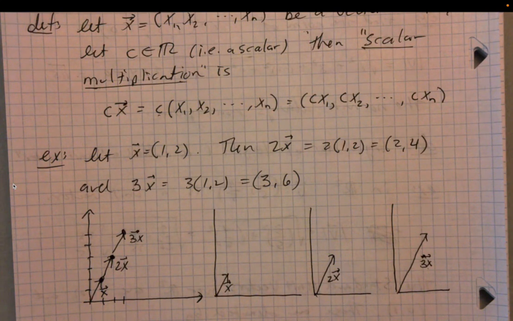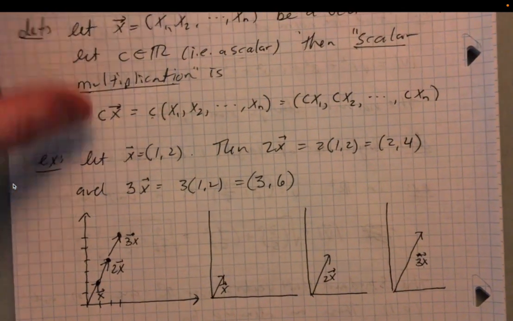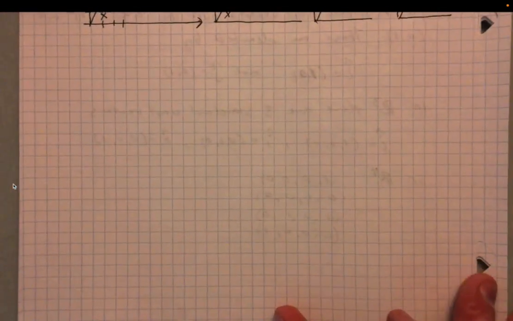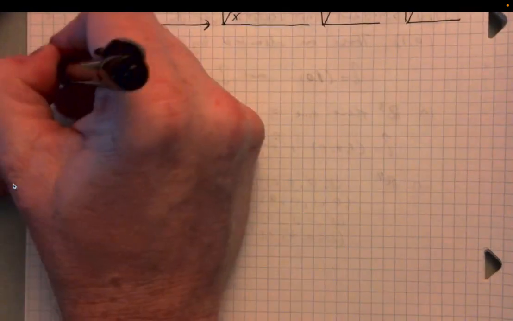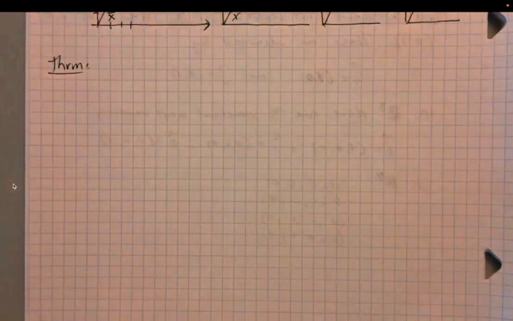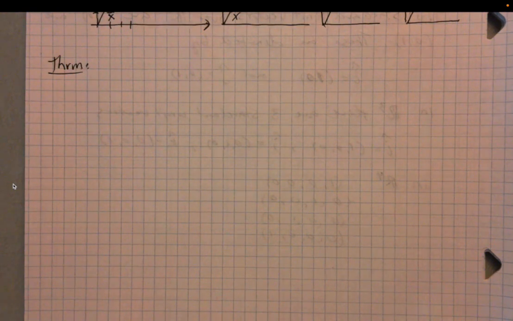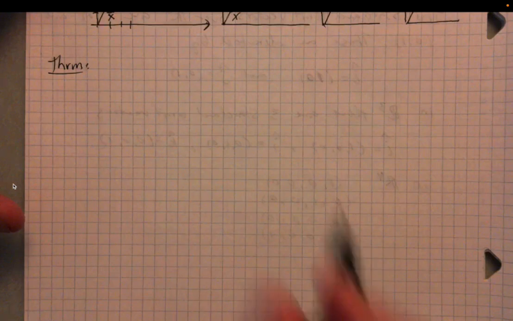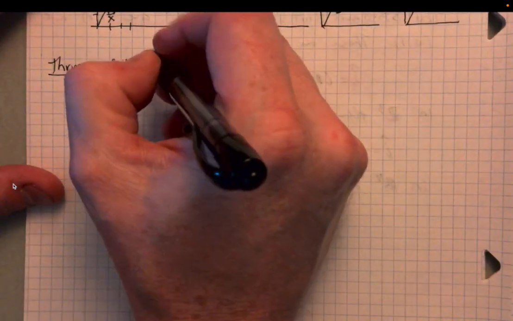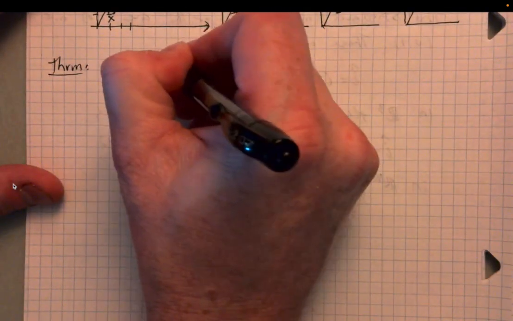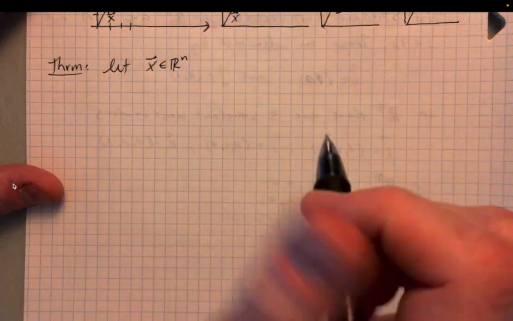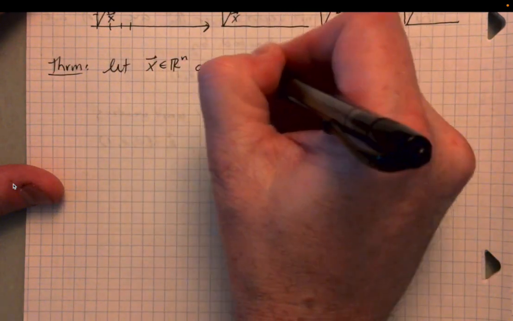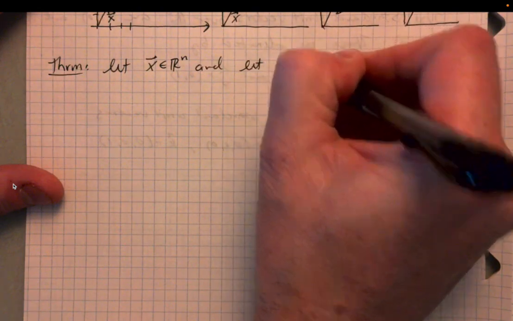All right. So that's scalar multiplication. Let's take a look at our first theorem. Let x be in Rn, so this is a vector in Rn, and let c be a real number.